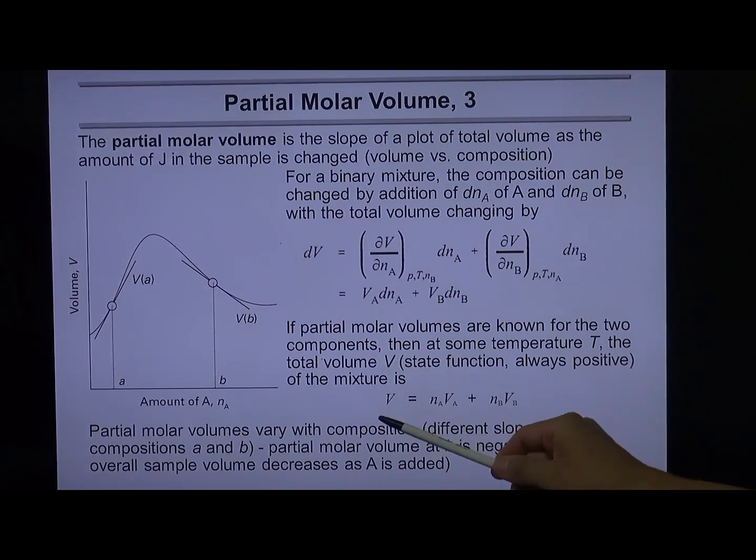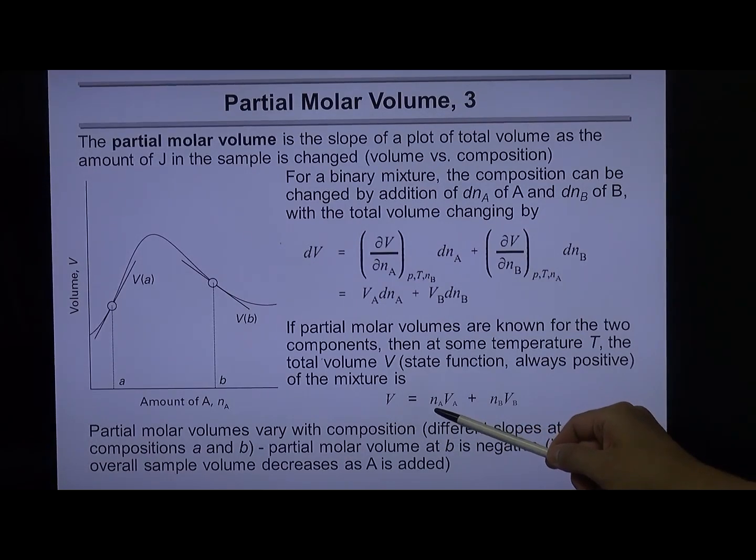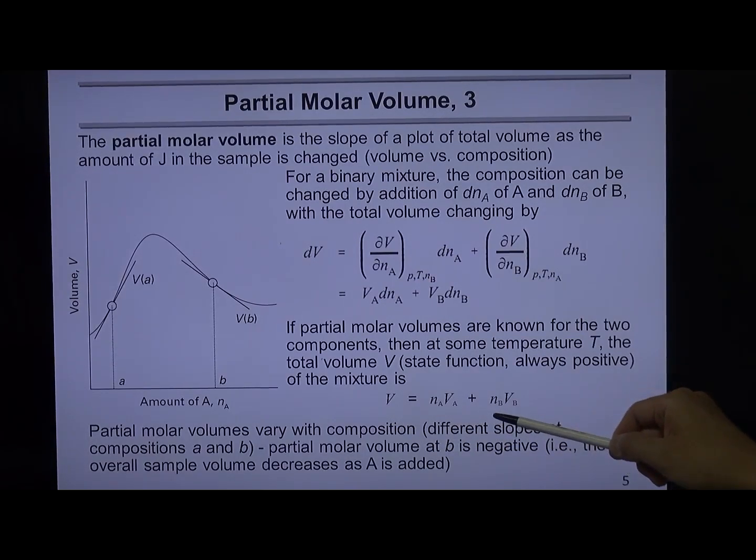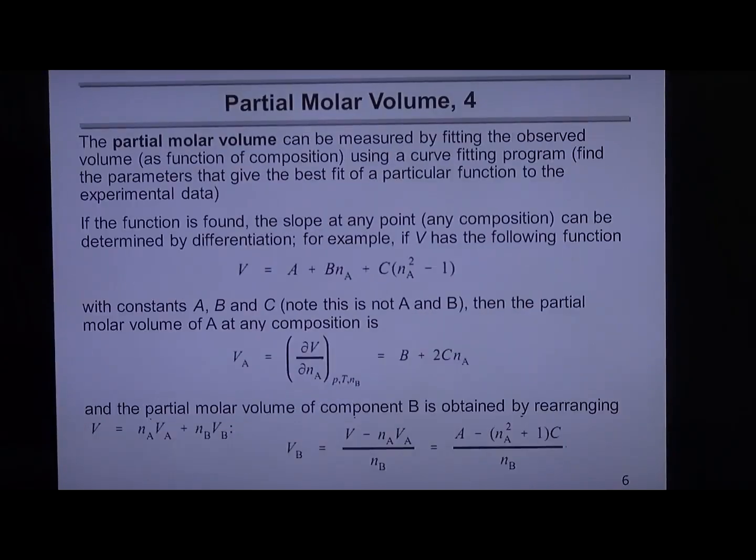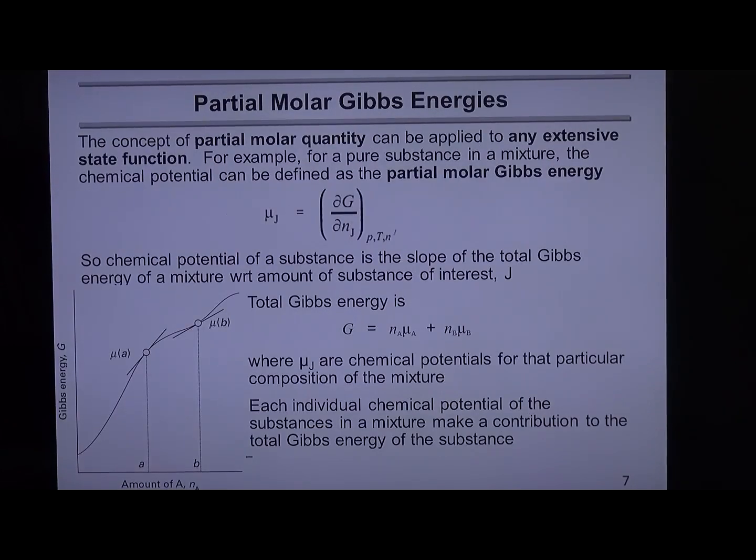Total volume is equal to Na times Va plus Nb times Vb. Okay? Very simple. Let's keep this slide.